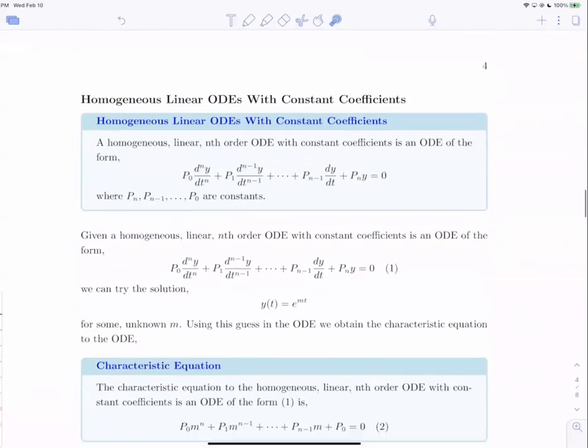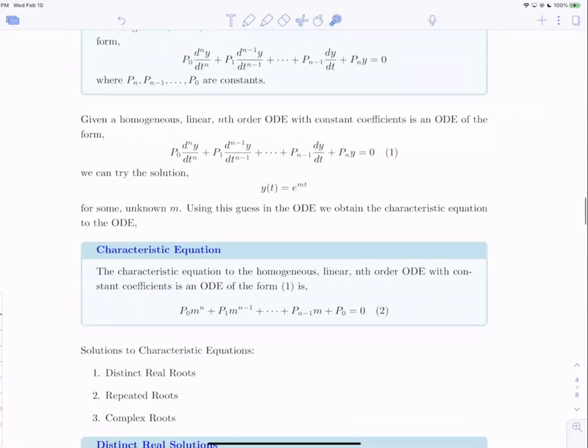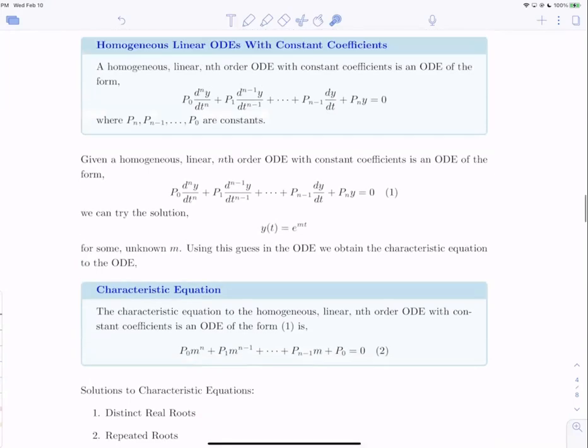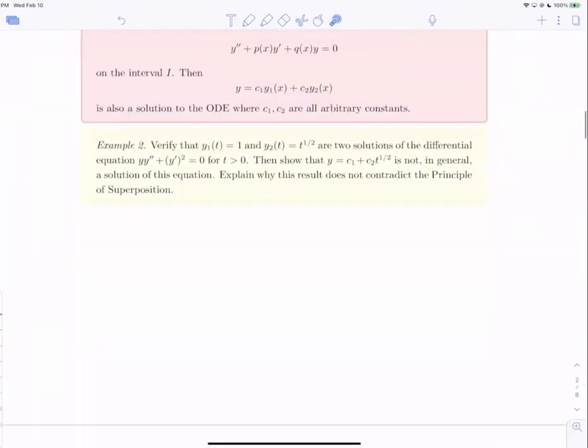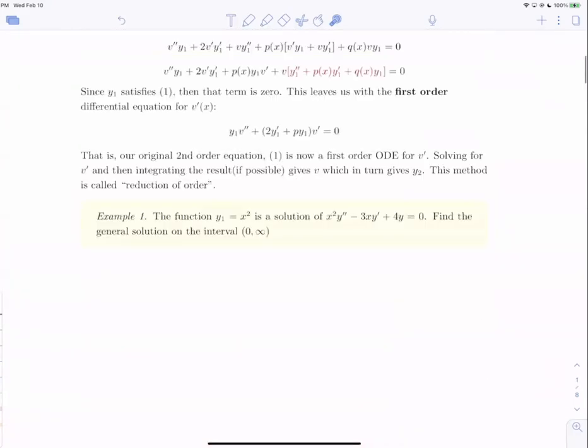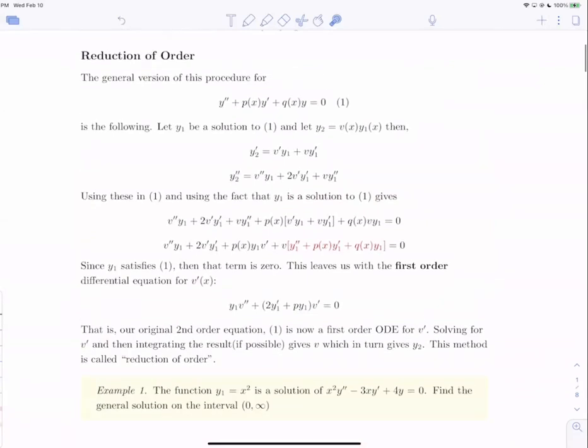Lastly, I will talk about homogeneous linear ODEs with constant coefficients. We'll talk about the characteristic equation and three different cases: distinct real roots, repeated roots, and complex roots. That's the plan for today. Hopefully we can finish everything. I finished everything from my last tutorial, so it should be fine.